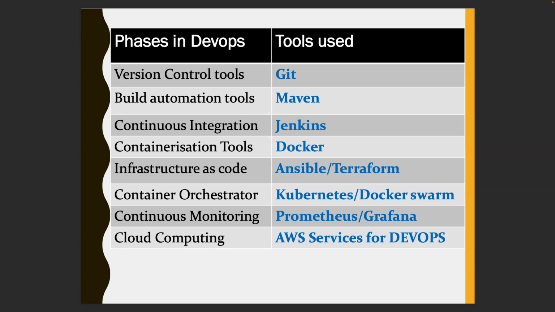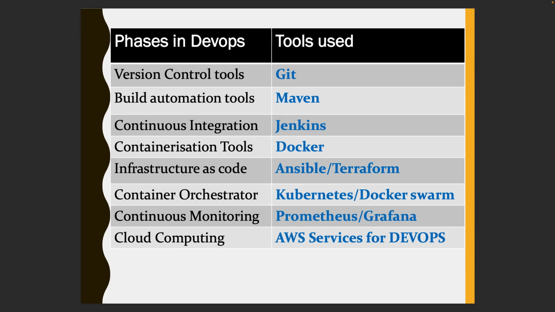Mostly multi-cloud is what they're asking for nowadays. I'm getting calls also asking for this kind of stuff only. Multi-cloud is nothing but multiple cloud environments, a combination of on-prem and cloud environments. That exposure you'll get. We are using AWS, and we'll also use an on-prem kind of setup for Kubernetes.